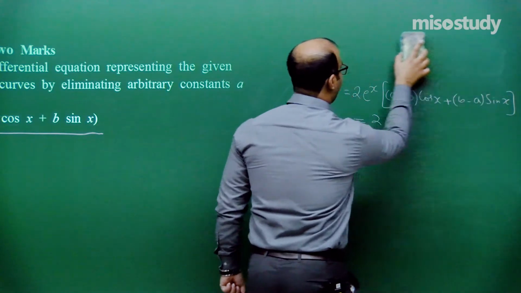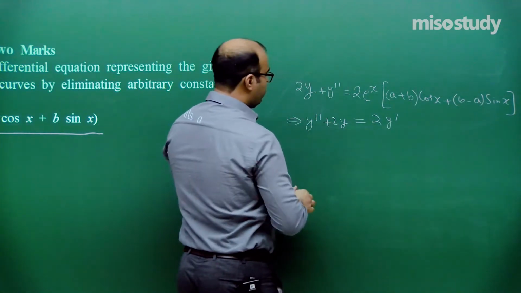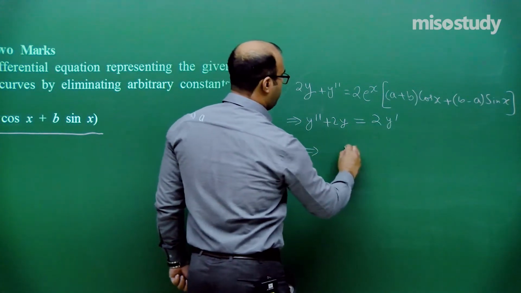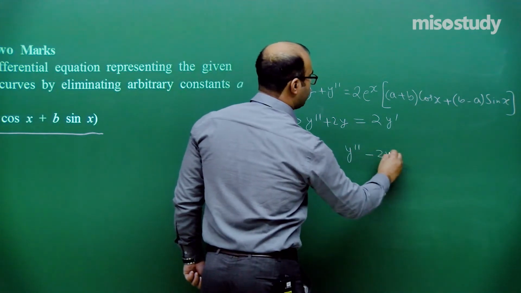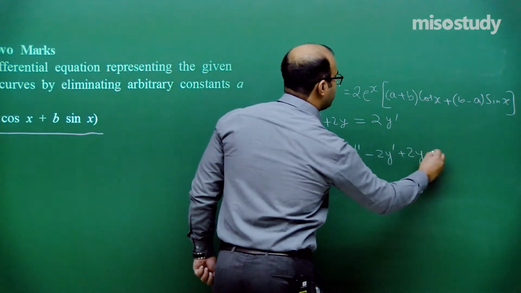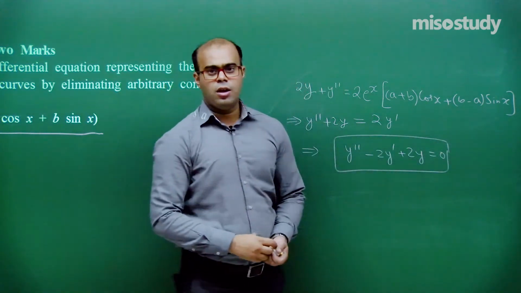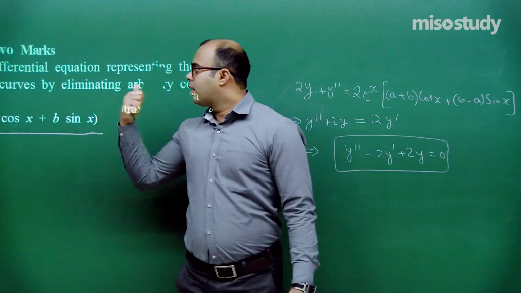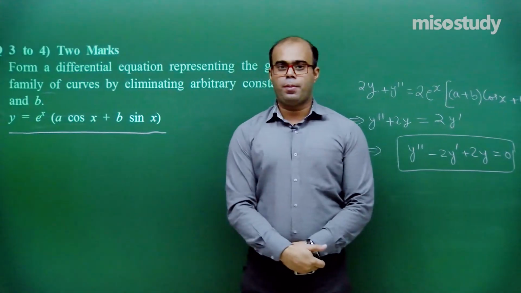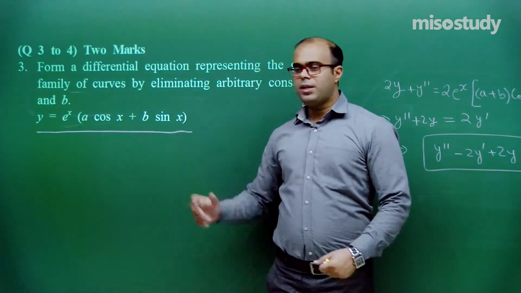The differential equation formed in its proper form is y double dash minus 2y dash plus 2y is equal to 0, the second order differential equation formed of the given curve, that is y is equal to e to the power x a cos x plus b sin x.